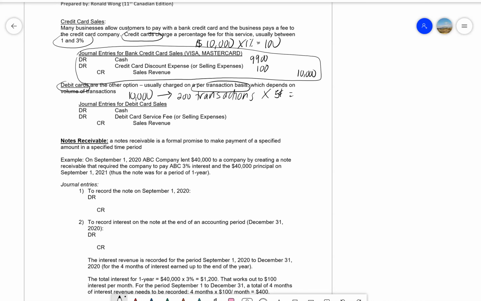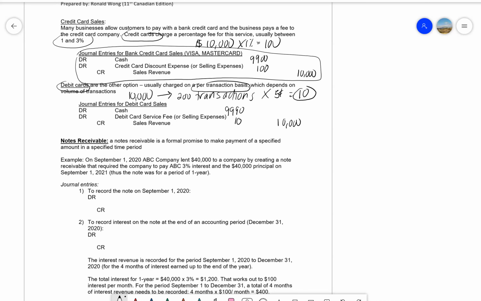So if we have 200 transactions and the bank is going to charge 5 cents per transaction, then that's going to be a total of $10. So our sales revenue is still going to be 10,000. Now we're going to have to pay this fee of $10. So the cash we're going to get from the bank is 9,990, and our debit card fee is going to be $10. That's our expense.